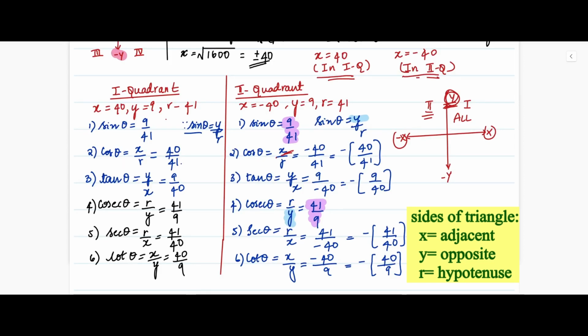Cos theta is involving x, tan theta is having x, secant theta is having x coordinate, and cot theta is also having x coordinate. So therefore, when we look into second quadrant, it is having negative x-axis. So all these terms, that is cos theta, tan theta, secant theta and cot theta, will be negative. So this will be our solution to the question.